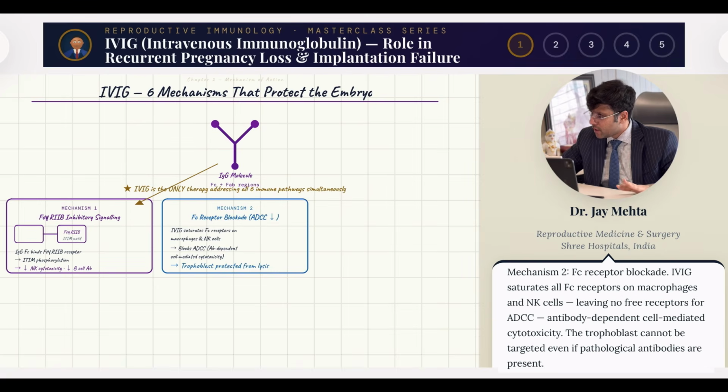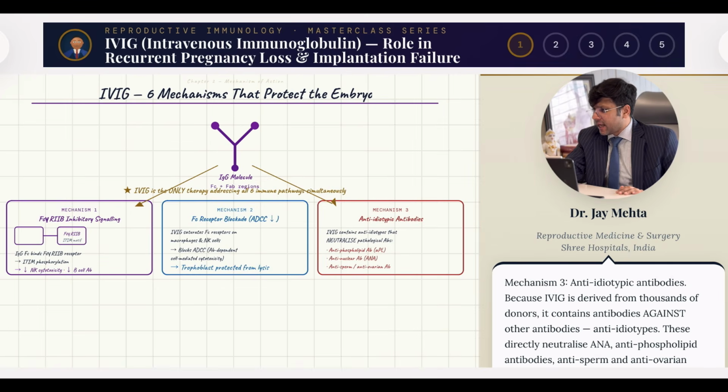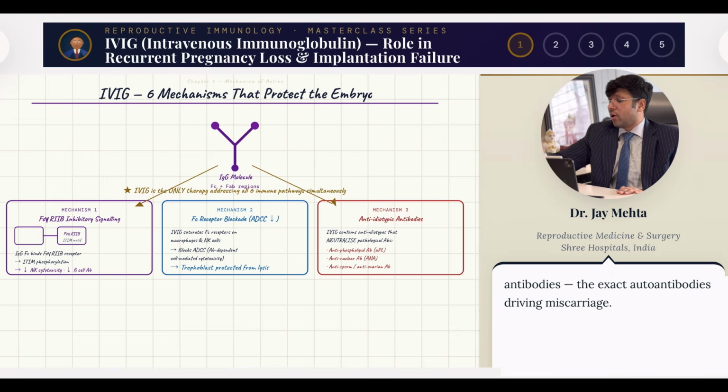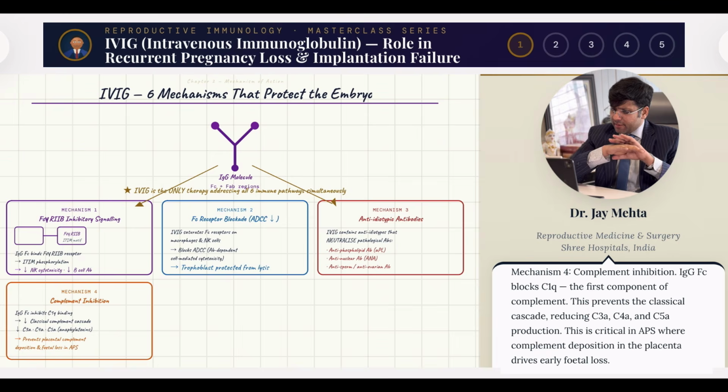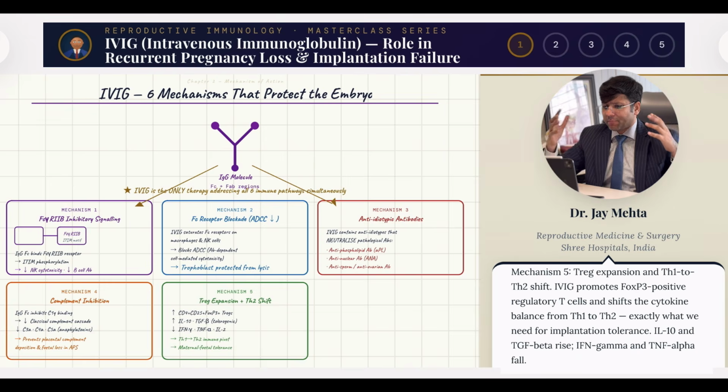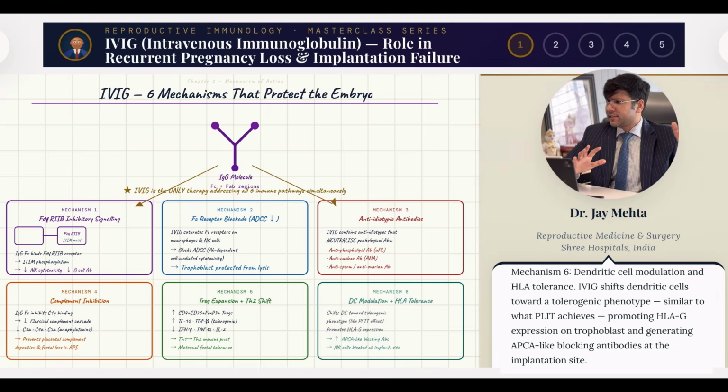immune pathways. Okay. We discussed intralipids, we have discussed tacrolimus, thymosin, all of them follow singular pathways. This guy, IVIG, is basically broad spectrum. It covers all the pathways because of complement inhibition, anti-idiotypic antibodies, T regulatory cell expression.